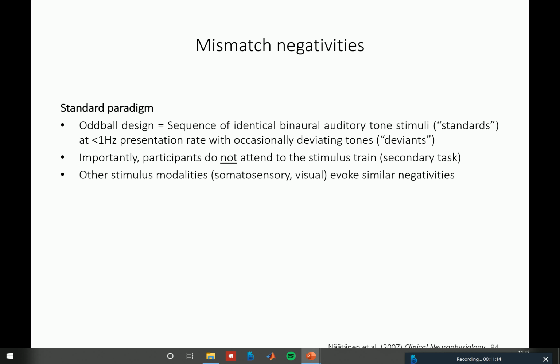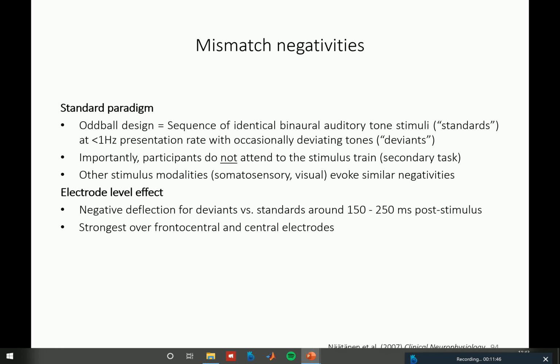So a typical setup for this is that you present these trains of tones, and people watch a movie at the same time, usually a silent movie, so Shaun the Sheep, something like this. So that you don't have any auditory interference, but you're also not asked to attend the stimulus and actively process anything about the stimulus.